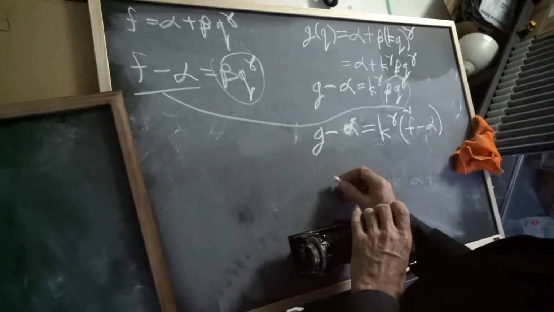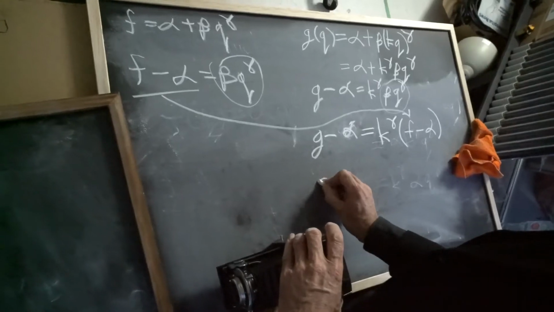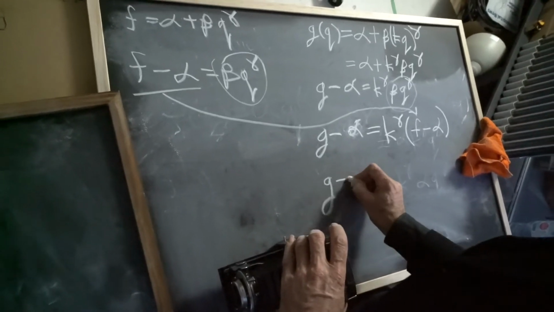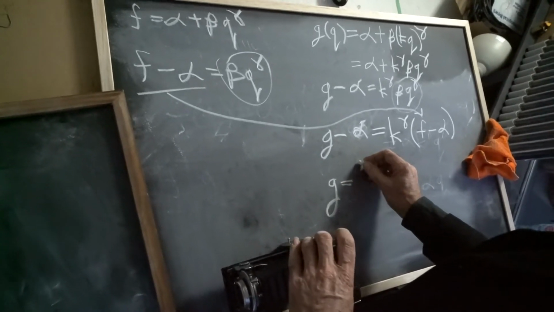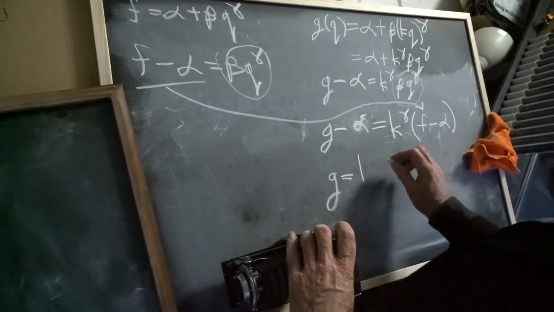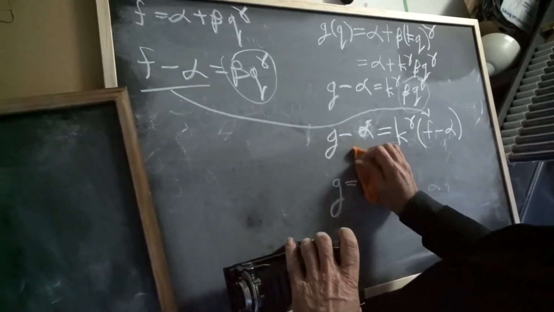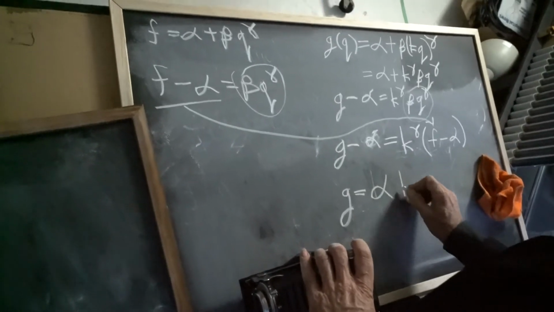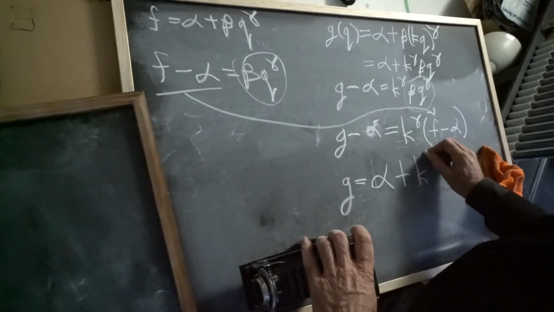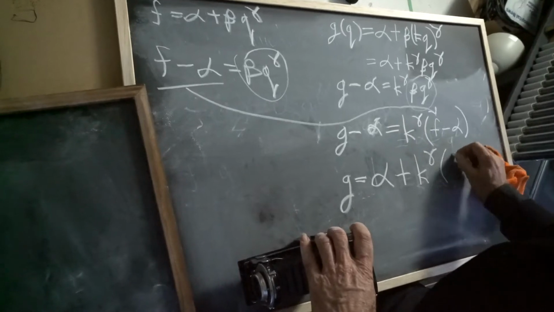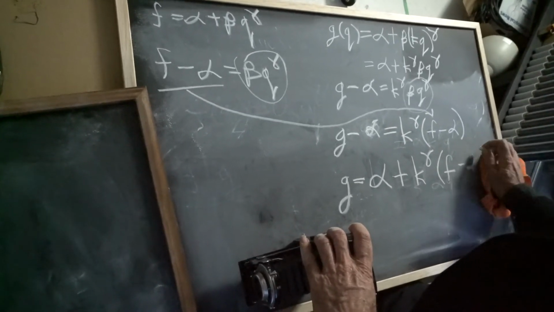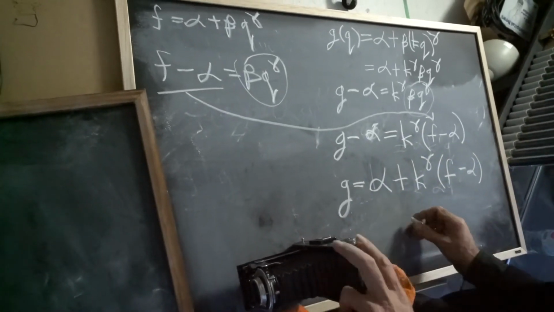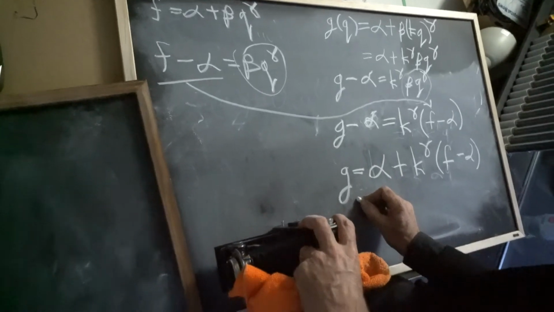And if I isolate g on one side, I'll put the alpha first: g equals alpha plus k to the gamma times f minus alpha. And I can carry this forward a little bit.